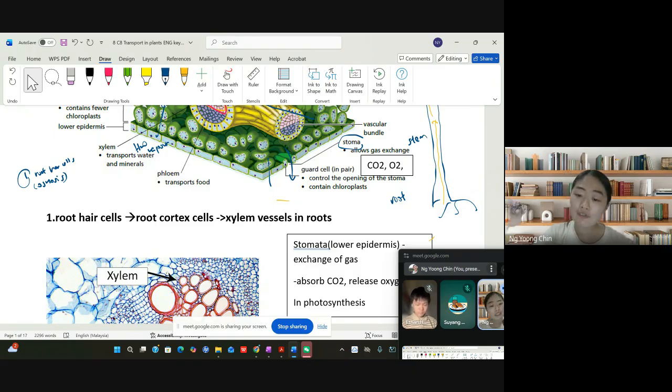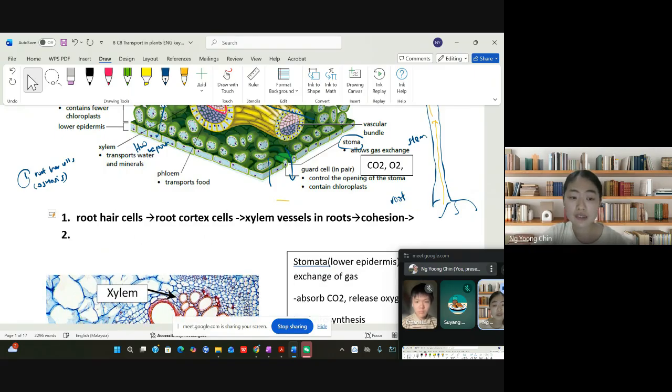When they reach the xylem vessel in the root part, they will be attracted by the cohesion force. The cohesion force helps the water to move upwards, and then they get into the leaf.